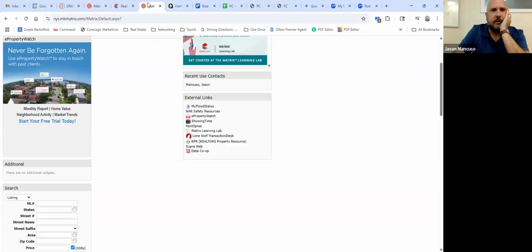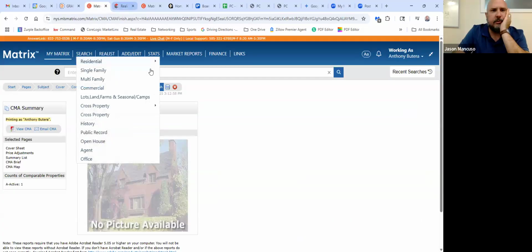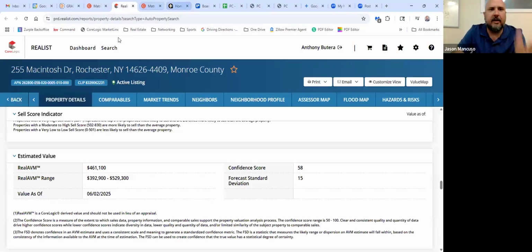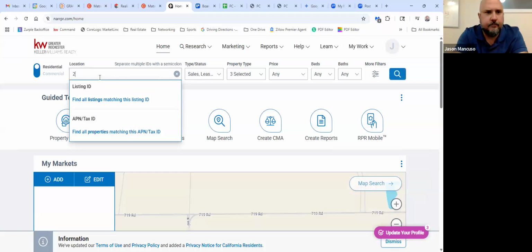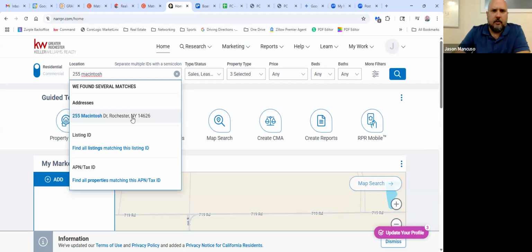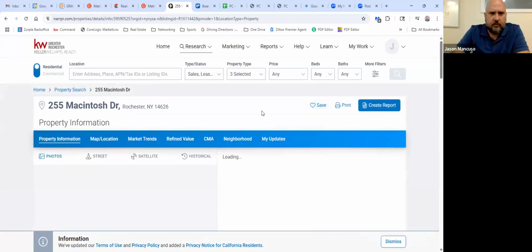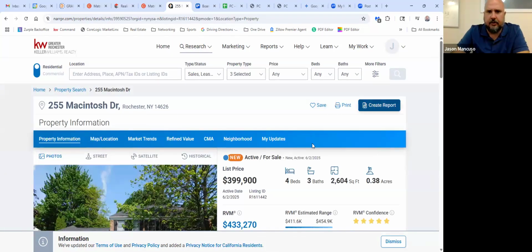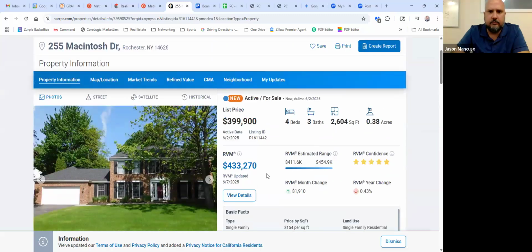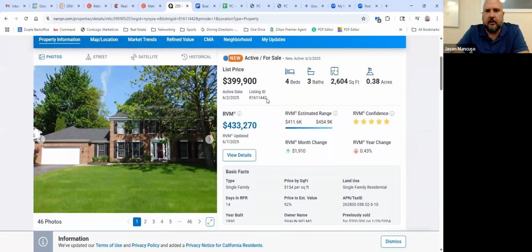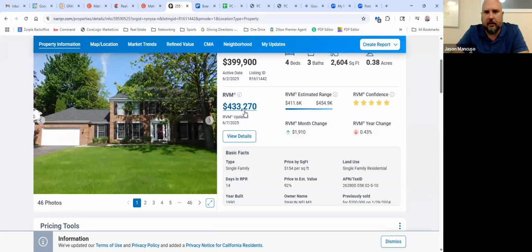Perfect. All right, 255 Macintosh. This is something where you get the same thing, algorithm type data, right? It's spitting out 433 as the value.